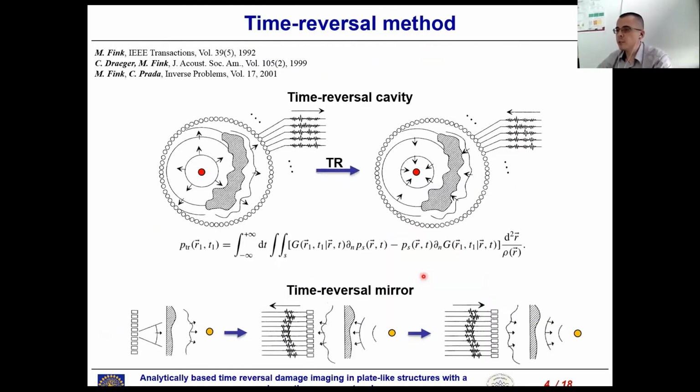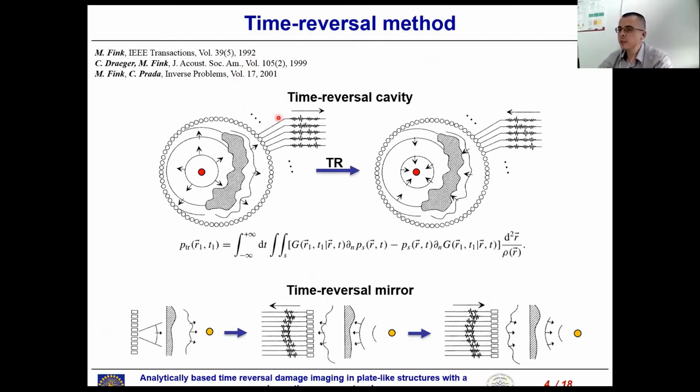And to do this, there are a great variety of approaches for imaging, but among them, one of the prominent is the so-called time reversal method. It was proposed by Matthias Fink in the early 1990s.